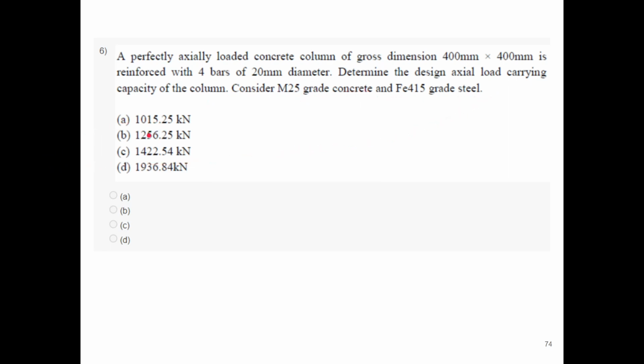A 1015.25 kilonewton, B 1256.25 kilonewton, C 1422.54 kilonewton, or D 1936.84 kilonewton. So what will be the design axial load carrying capacity of the column with gross dimension of 400 by 400 millimeter and 4 longitudinal rebars of 20 mm diameter, with M25 concrete and Fe415 steel?